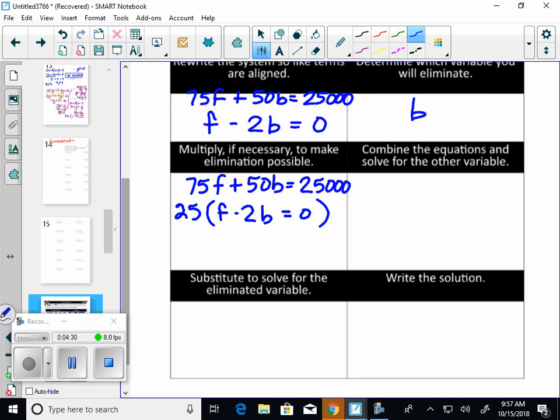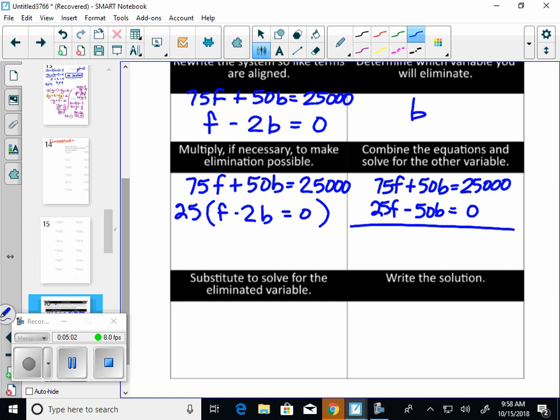So I'm going to go ahead and combine the equations to solve for the other variable. So I still have 75F plus 50B equals 25,000. And then when I multiply everything by 25, I'm going to have 25F minus 50B equals 0. Right? And then I can go ahead and combine.